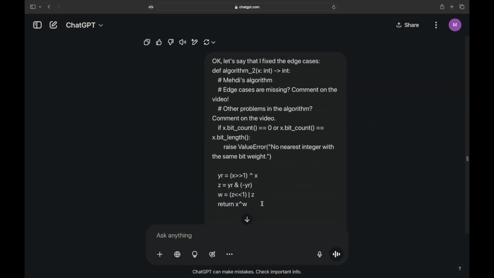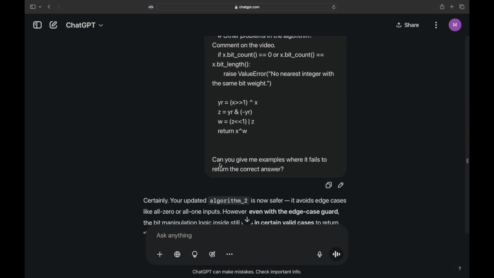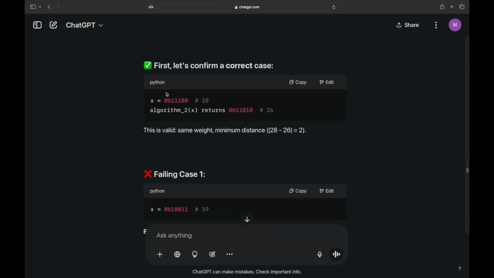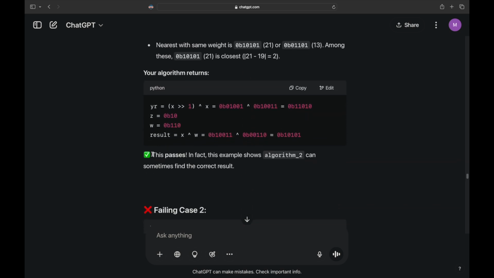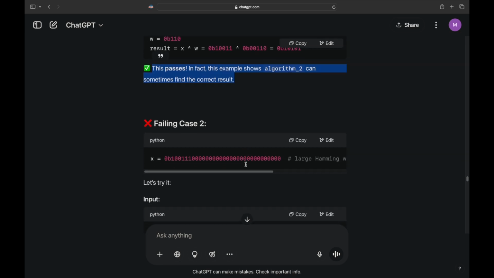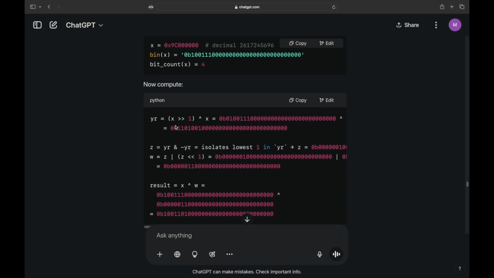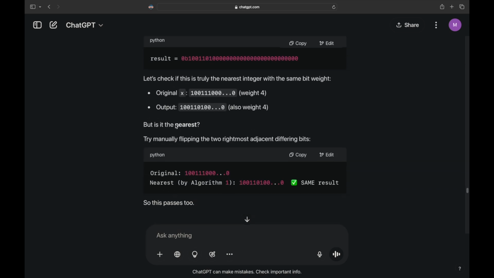And then there was some edge case scenario that I needed to fix, and then I fixed it and asked ChatGPT to come up with more examples, and it is going to try it for what it calls the first failing case, and then it tries it, and it seems like it is passing. For the second case as well, my algorithm is generating the correct result, and here too.